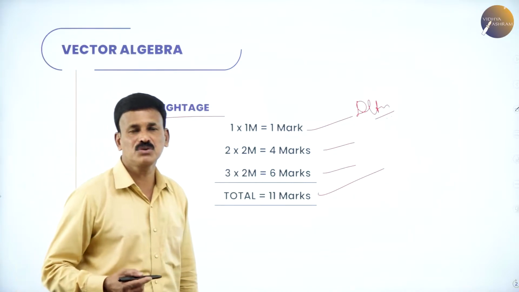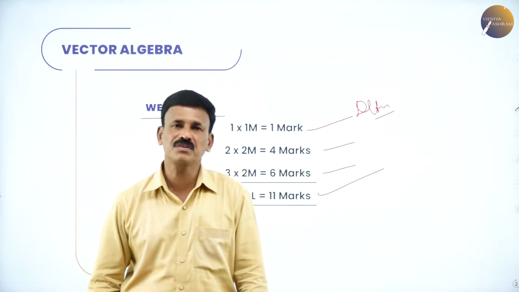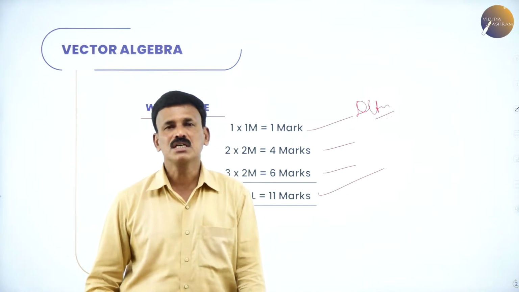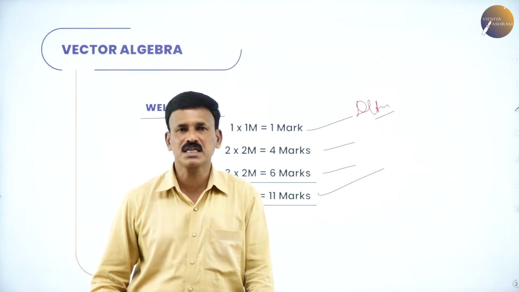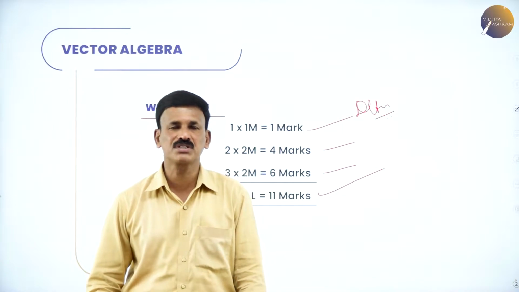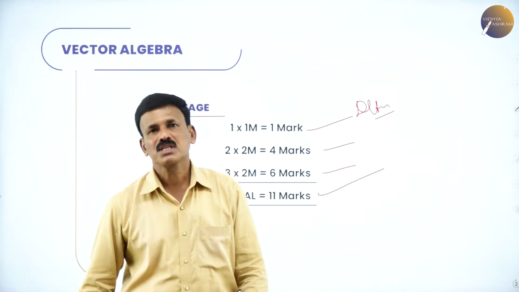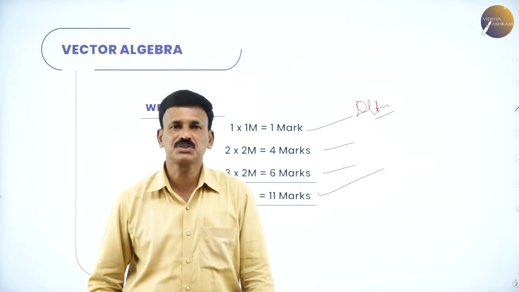In this session I am going to discuss the definition of a vector, the types of vectors, and the operations on vectors like addition and subtraction, the addition and difference of 2 vectors, and the scalar multiplication of 2 vectors.